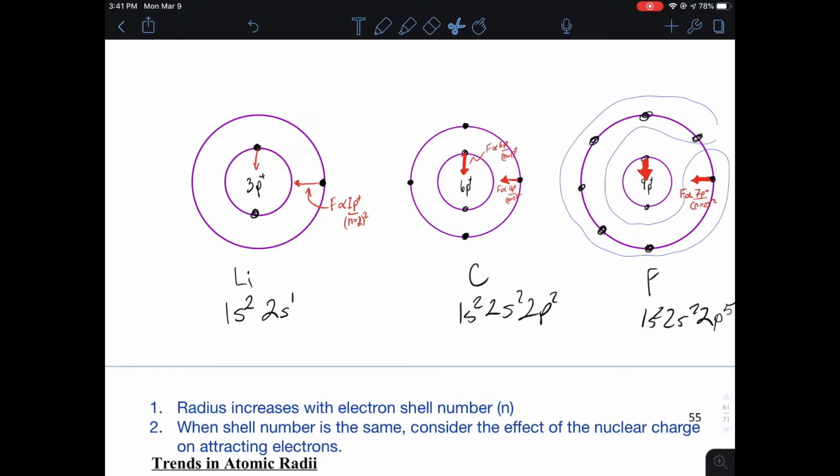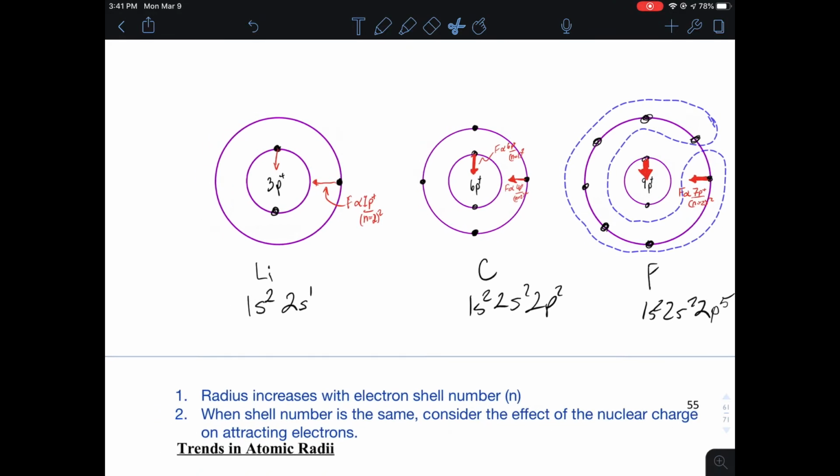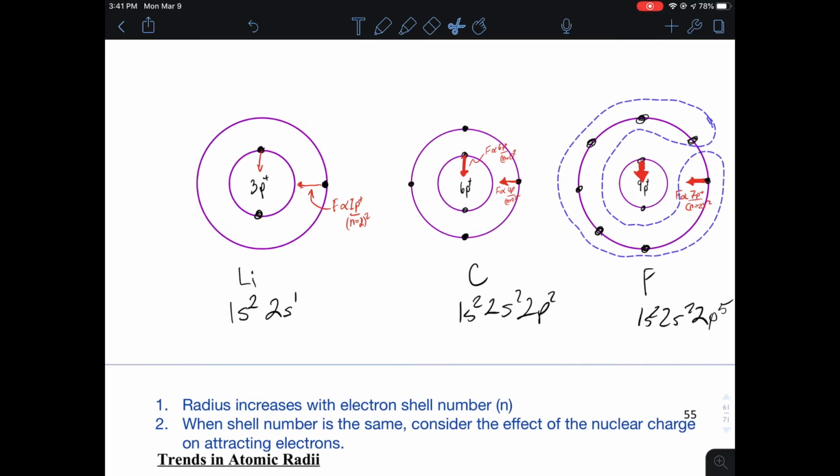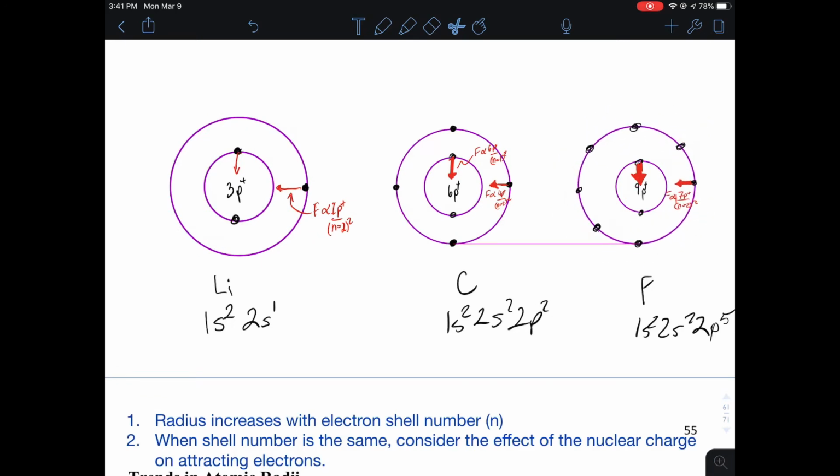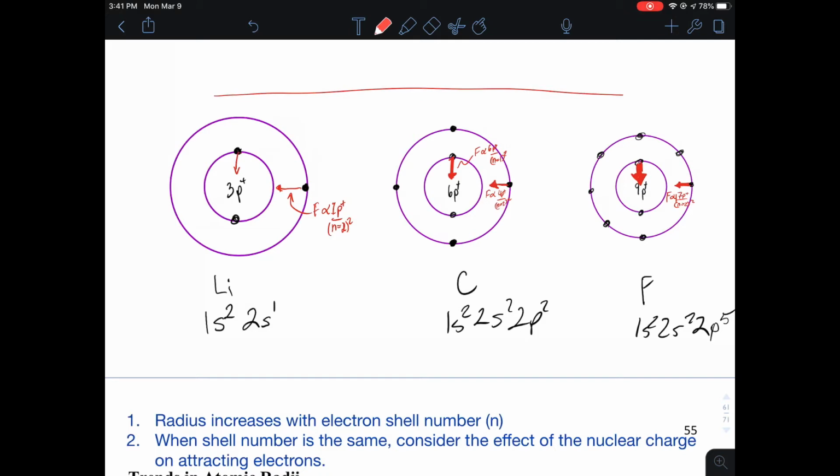And then this fluorine is actually going to receive quite a bit of shrinking because there are 7 protons to be attracted to. So for the atomic radius, the radius of an uncharged atom here, we are going to have an atomic radius that's decreasing.